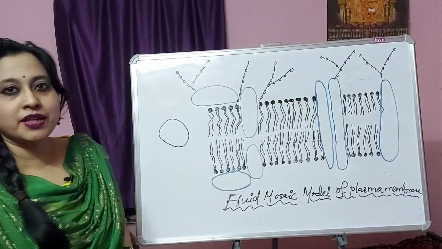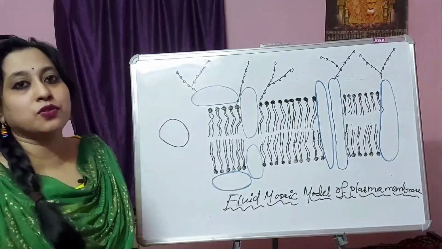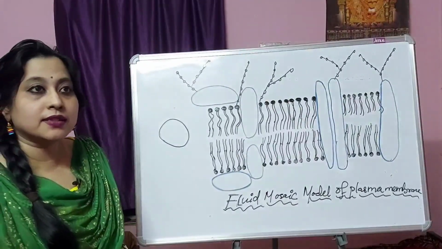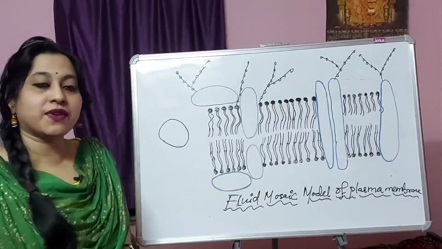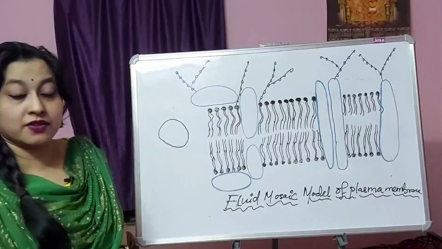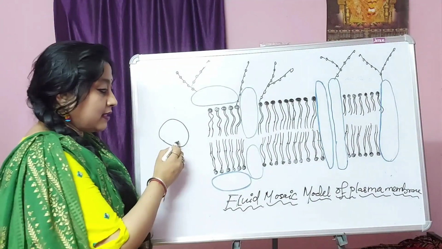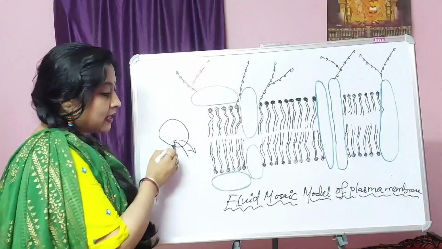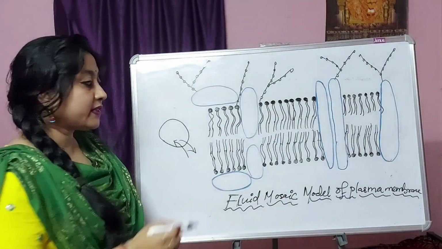And this cell membrane plays a very vital role, with various functions. The first function, a very important one, is exchange of substances in and out of the cell.